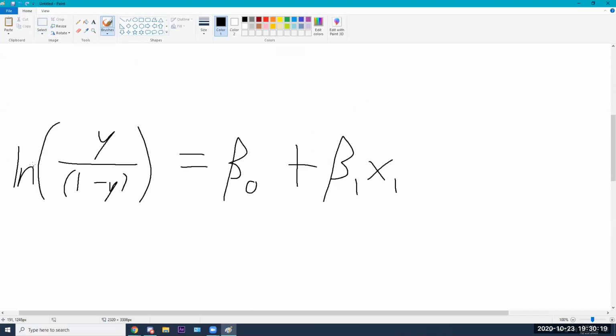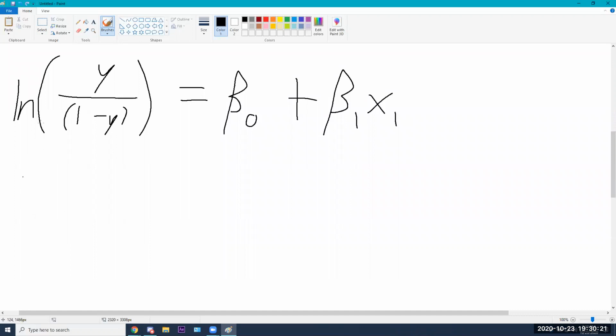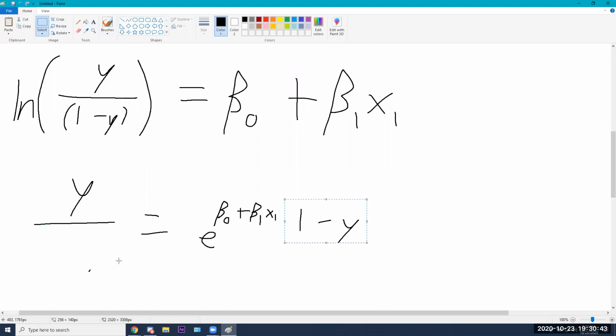You just take the exponentiation of both sides, so e to the this and e to this, and you end up getting y over 1 minus y equals e to the beta naught plus beta 1 x1. Then you multiply both sides by 1 minus y, and you get left with this.